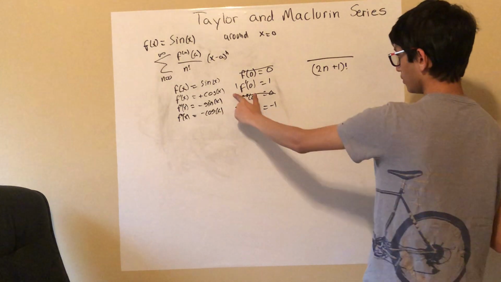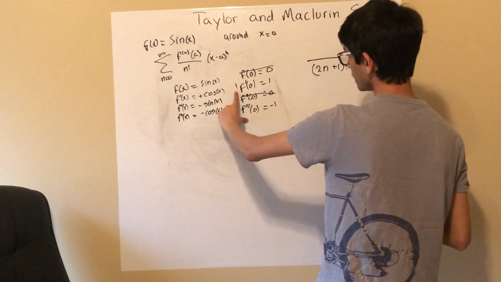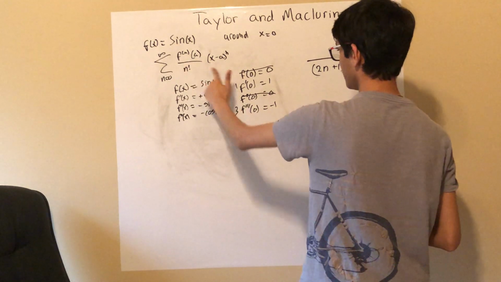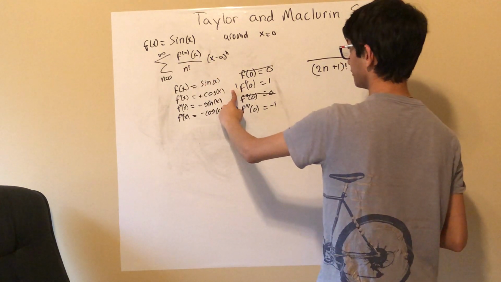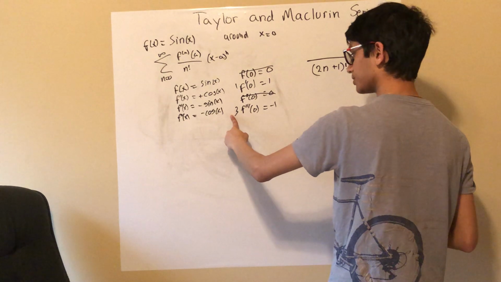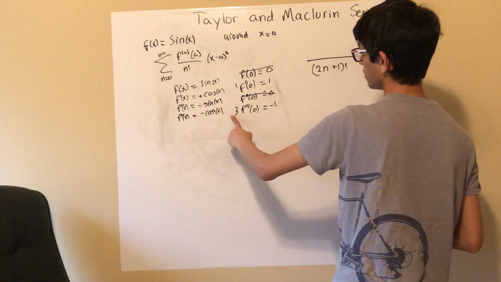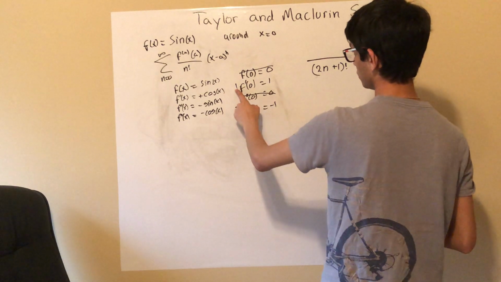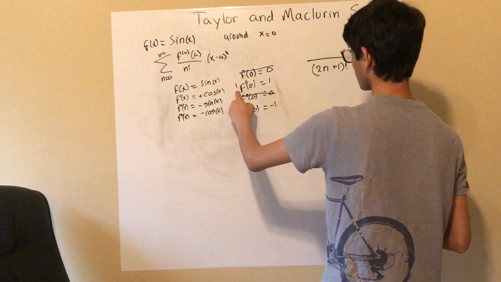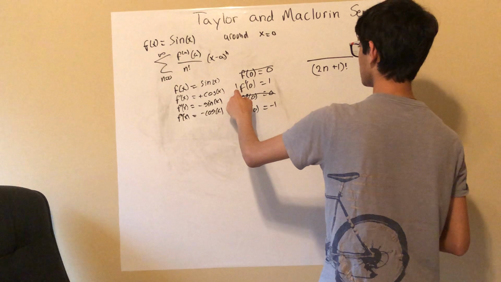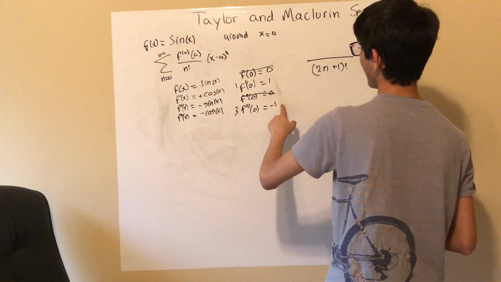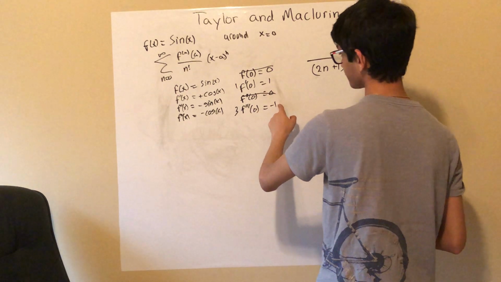And when you plug in 0, you want it to be positive and then negative at 1, right?